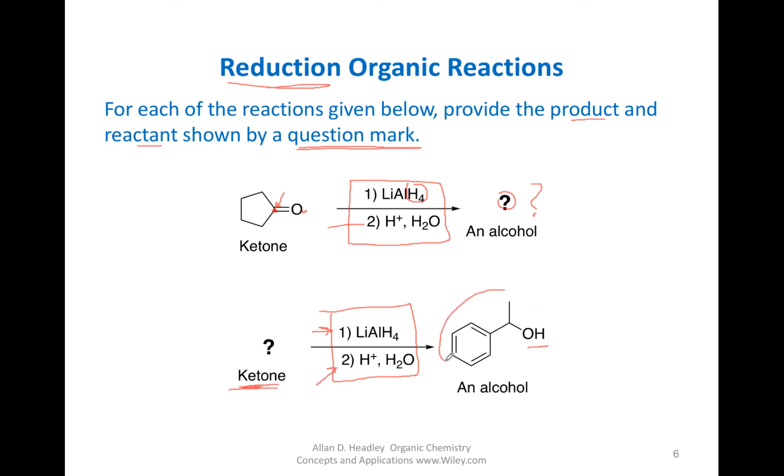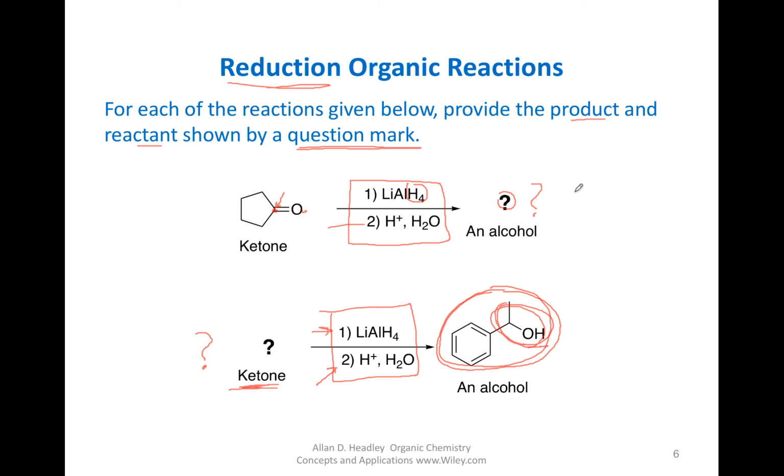So based on the structure of this alcohol, can you determine what is the structure of the reactant? Before I tell you the answer, which is on the next slide, you can imagine that the reactant here would look pretty close to this, except the functional group would be different.